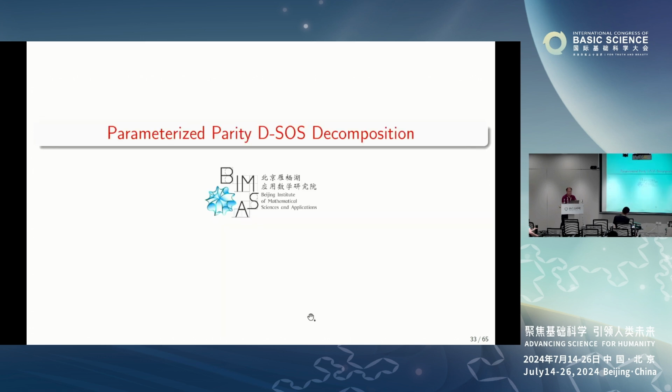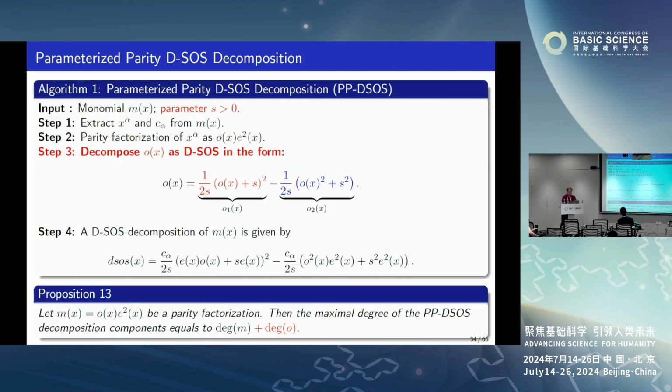Here we have two techniques. The first is the parameterized parity decomposition. If you get a factorization O E squared, to get the decomposition of part O, you can just add and subtract the square, the sum of squares of them, right?